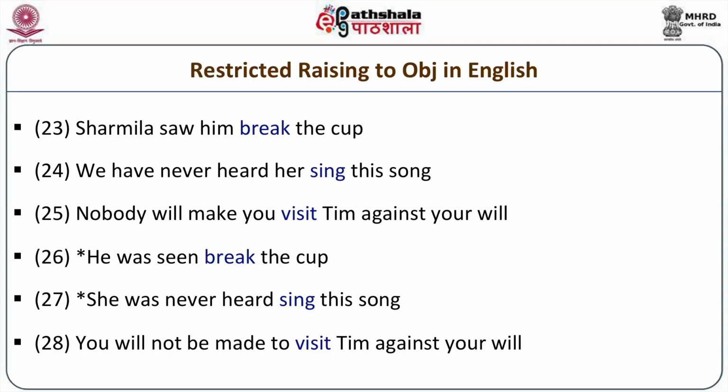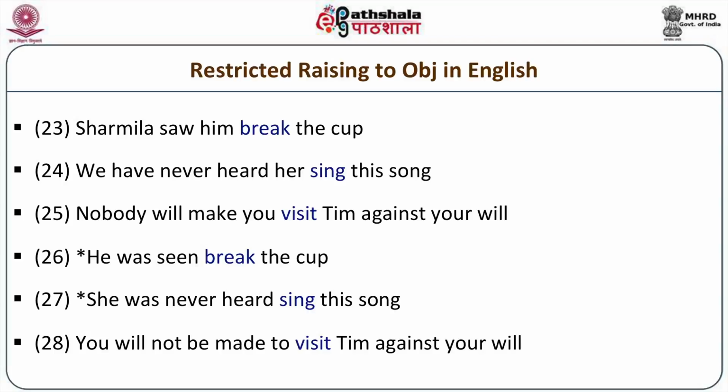If the downstairs clause does not have a true infinitival with an auxiliary to, but a naked infinitival, as it is called, where the verb is left naked with no auxiliary protecting it, you get sentences like, Sharmila saw him break the cup, or we have never heard her sing this song.